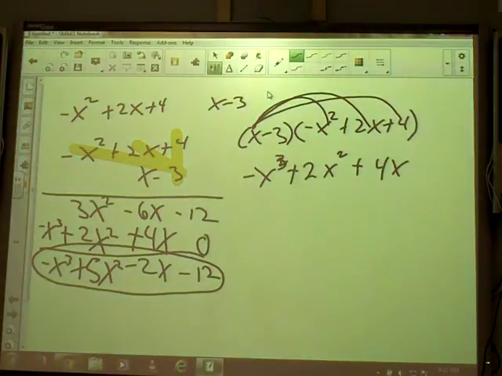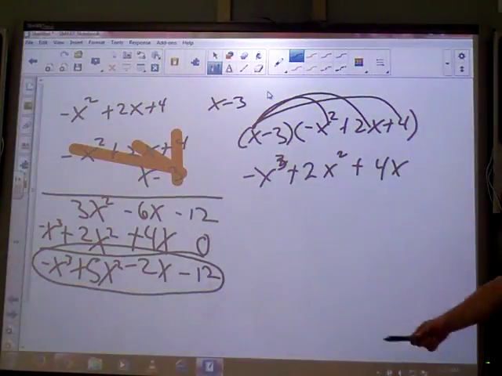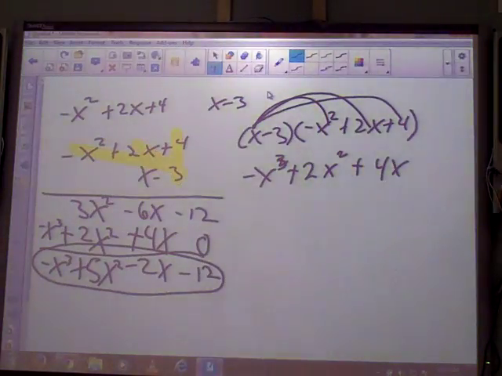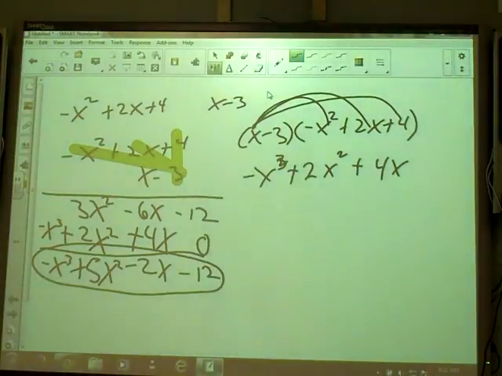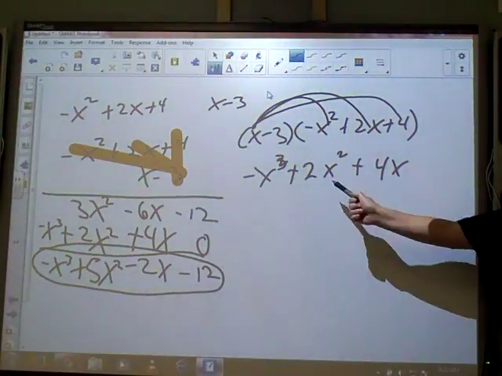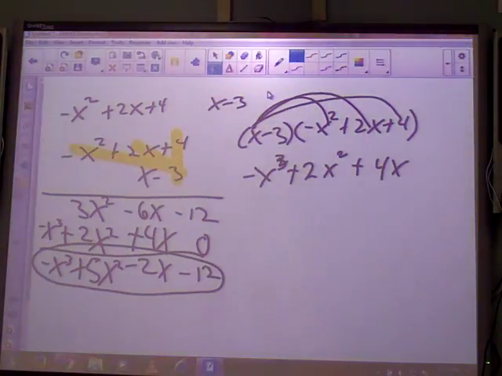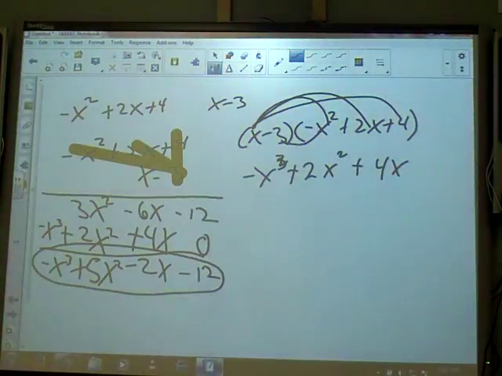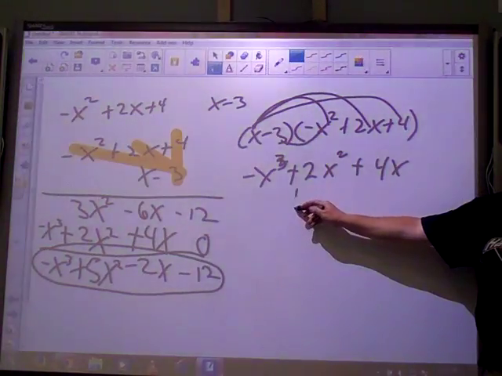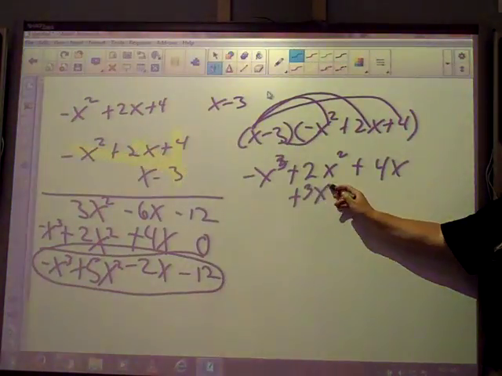Okay, now we have to take the negative 3. You can write this any way you want. As I distribute the negative 3, I'm going to try to match up any like terms that I can. That's the way I do it. Negative 3 times negative x squared is positive 3x squared, and I put that underneath its like term.